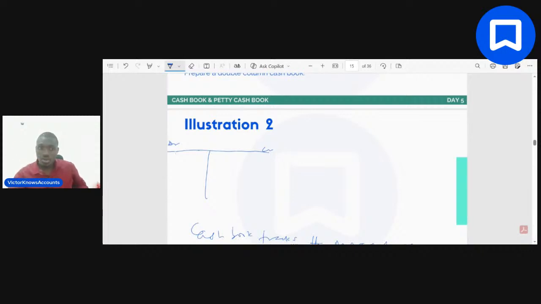Or you can say cash account, for example, but let's call it cash book.